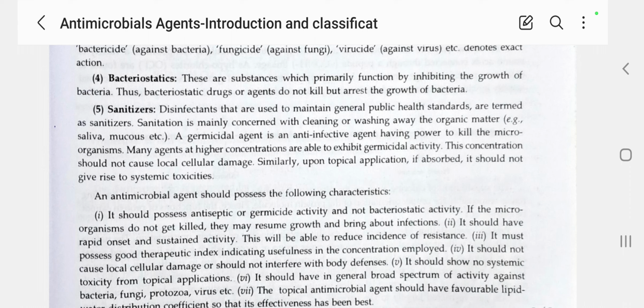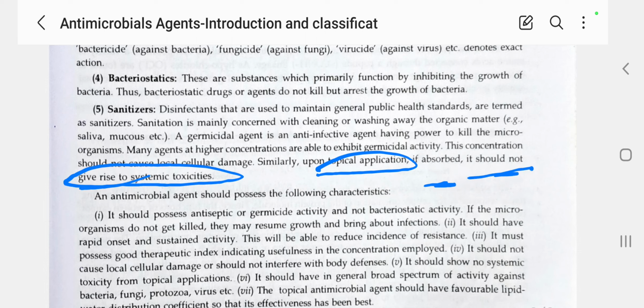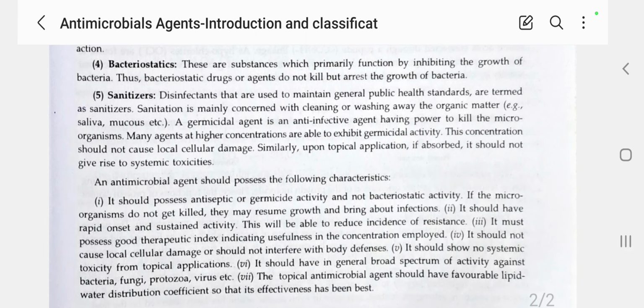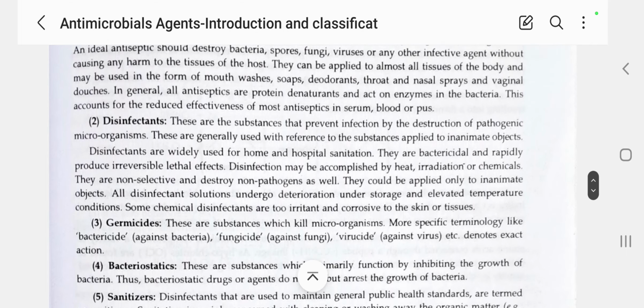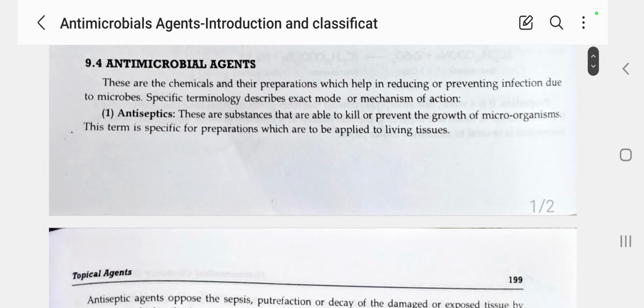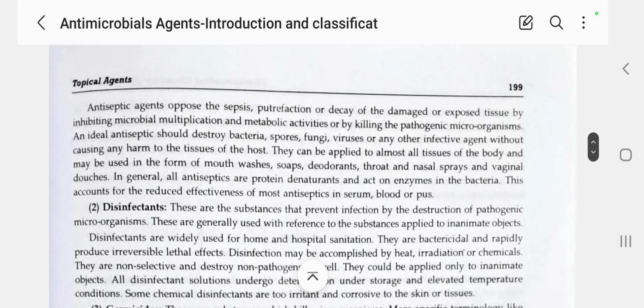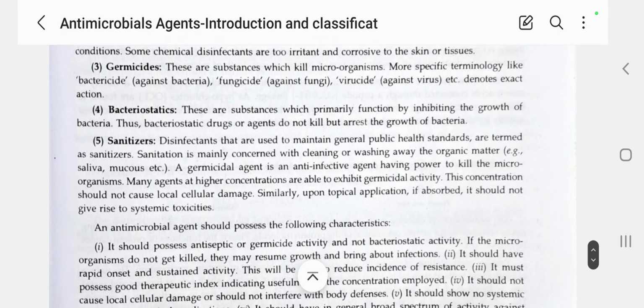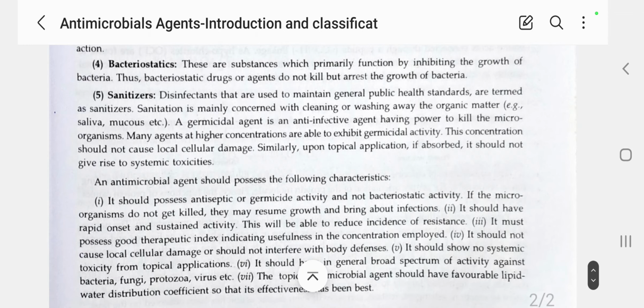Similarly, upon topical application, that is external application, if absorbed it should not give rise to systemic toxicity. So from the beginning we have discussed what antimicrobial agents are, then antiseptic, disinfectant, germicide, bacteriostatic and sanitizer. These are the classifications that come under antimicrobial agents.